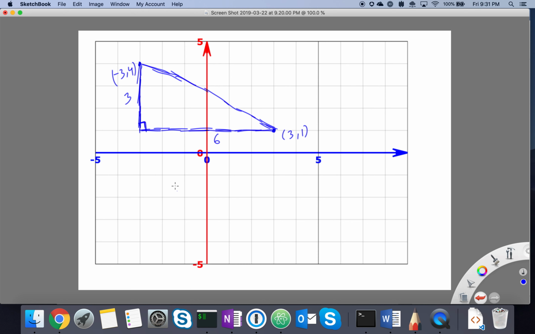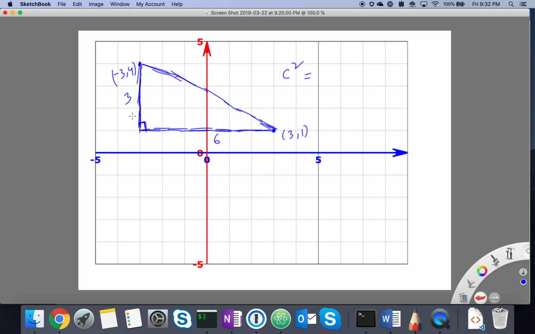So in front of you, you have a right triangle with the 2 legs given. One leg length is 3, the other leg length is 6, and you just need to find the hypotenuse. So what does the Pythagorean theorem say? If the length of the hypotenuse is c, then c squared is the sum of the squares of the other 2 legs.